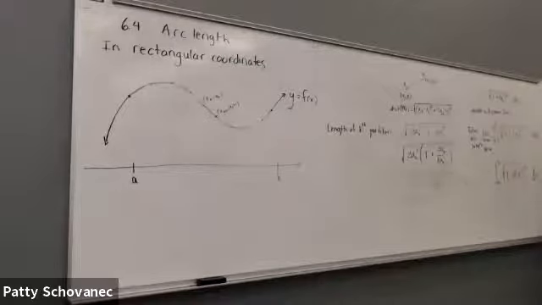Right? If I started with a parabola, y is equal to x squared, the derivative is 2x. Right? If I take 2x and square it, I'm going to have 1 plus 4x squared under the radical sign. I can't do that with a u-du integral. Yeah, there aren't many integrals at this stage we know how to do.